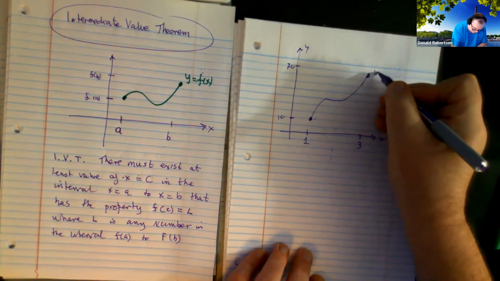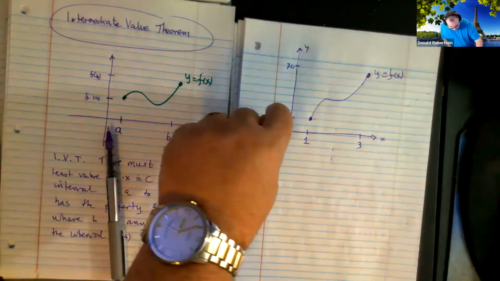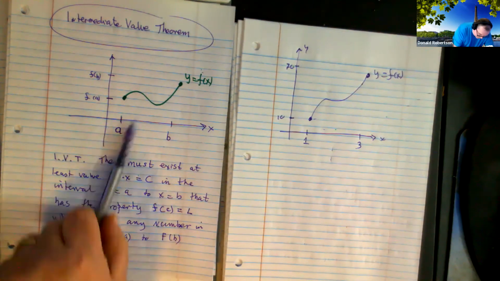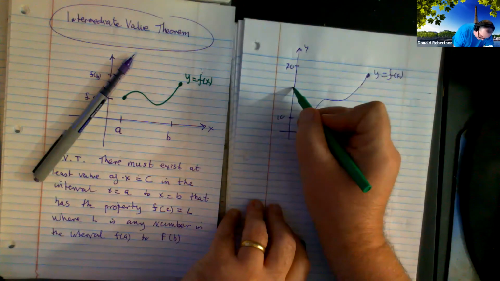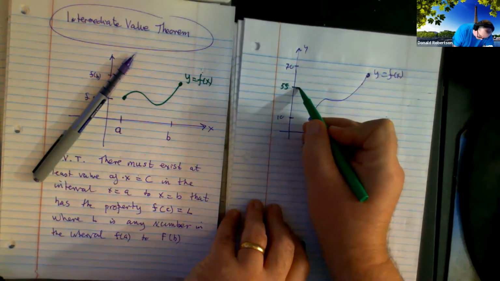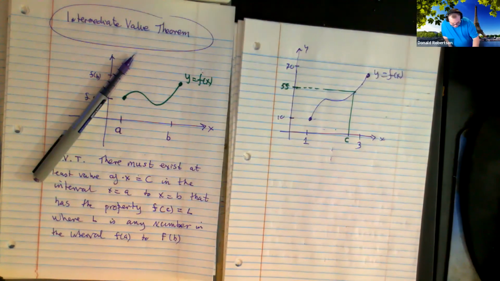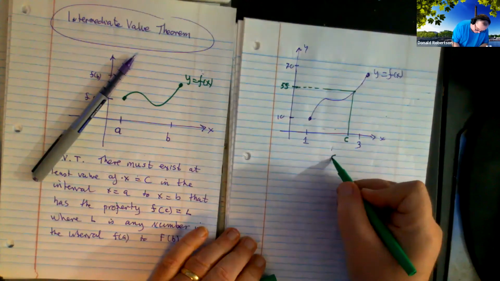The intermediate value theorem says you can pick any answer between 10 and 70, right? That's the L guy. Any answer you like. For instance, couldn't I pick 55? And it says there's guaranteed to be at least one number in the range 1 to 3 that has the property that f of c is 55.